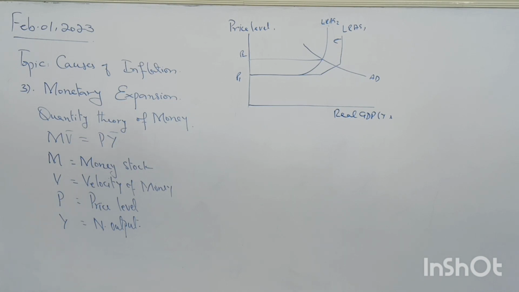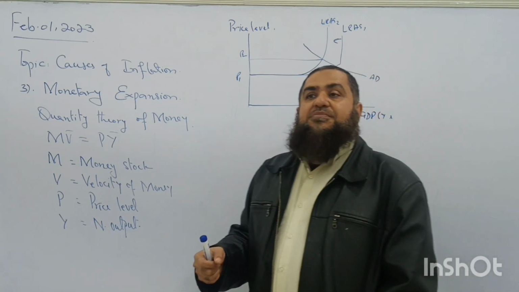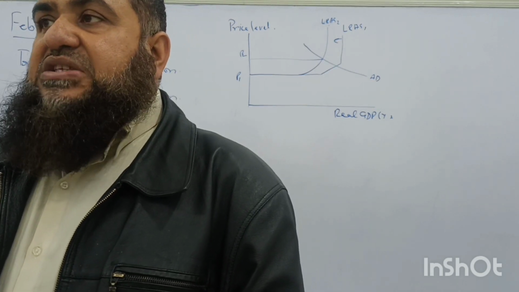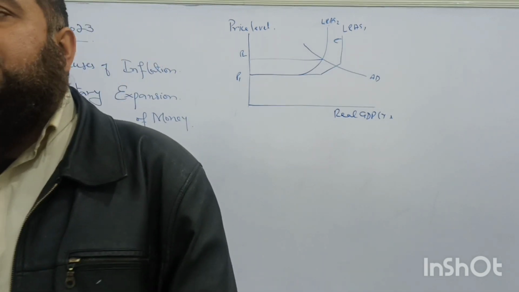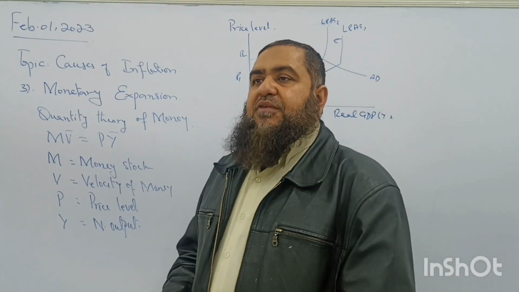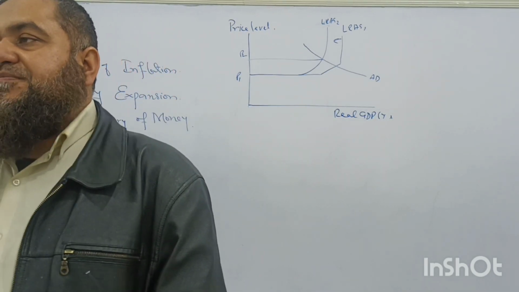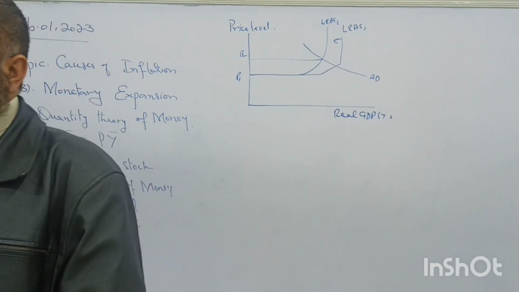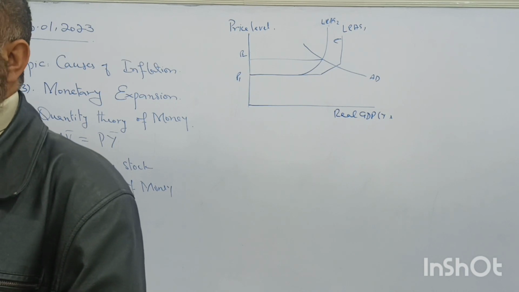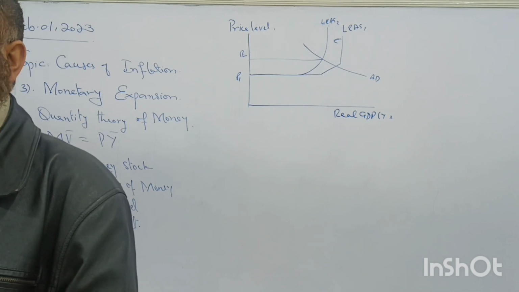M is the number of currency notes printed by the central bank, and V stands for velocity. Velocity means how many times a currency note will change hands to buy the whole output produced in the economy. For example, you have paid 1000 rupees to the canteen owner to buy snacks. The same 1000 rupee note will be used by the canteen owner to pay for the items he has purchased from the bakery.